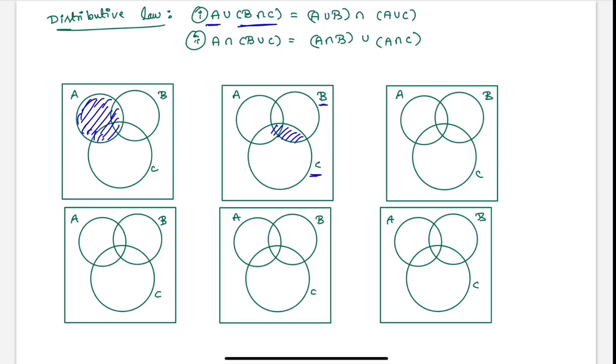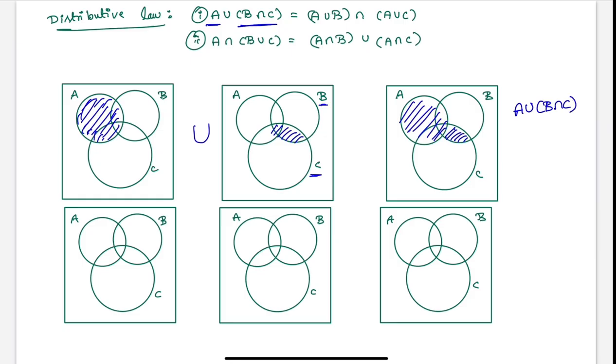So this is B intersection C. Then what do I need? The union of it. The union of these two means we are combining the two. So what I get is set A and this. So now this is A union B intersection C.